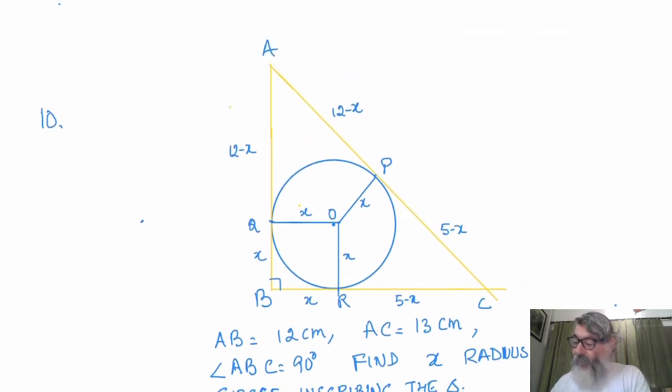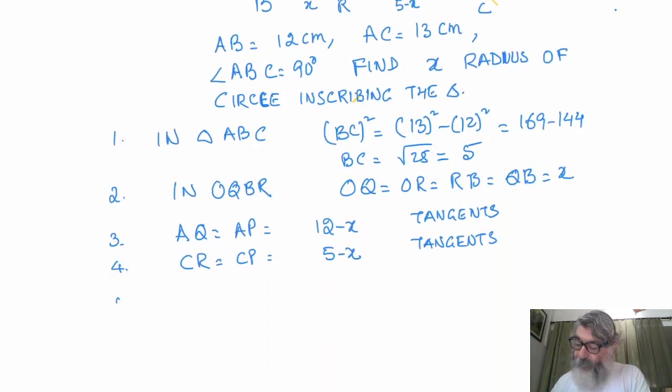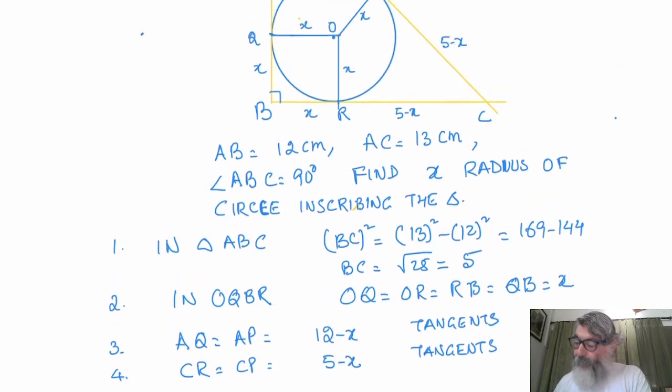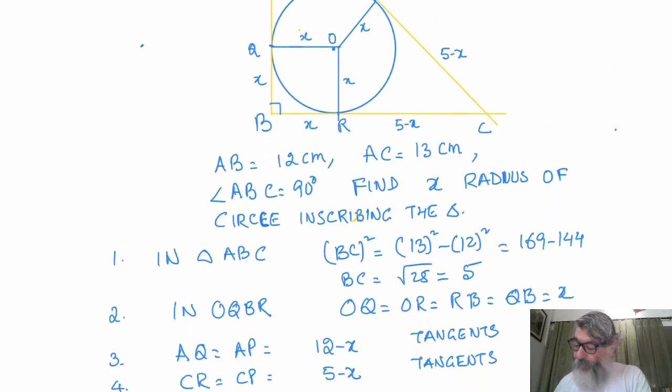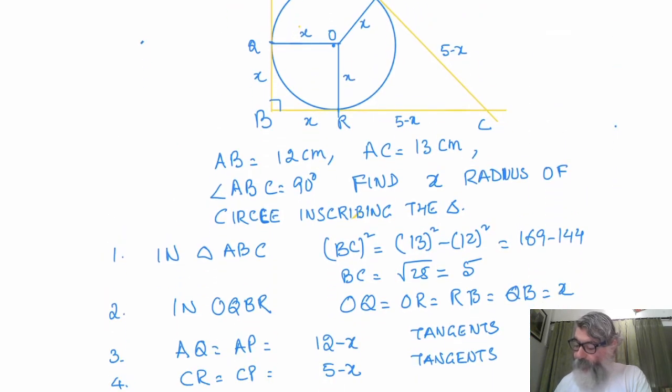Now AC is equal to what? AP plus PC. AP is how much? 12 minus x. PC is how much? 5 minus x. And AC is how much? 13. Complete length is 13. We know AC is 13.